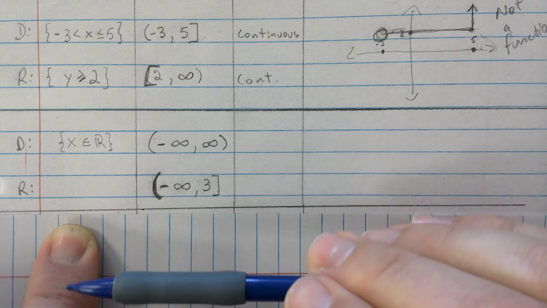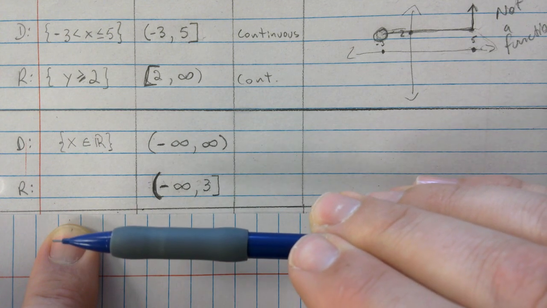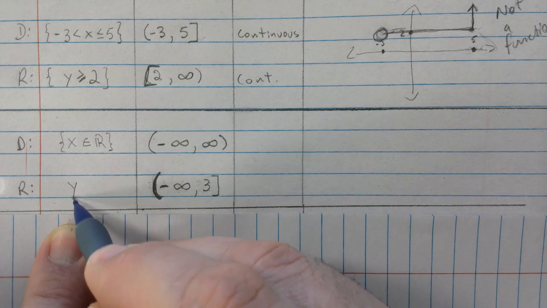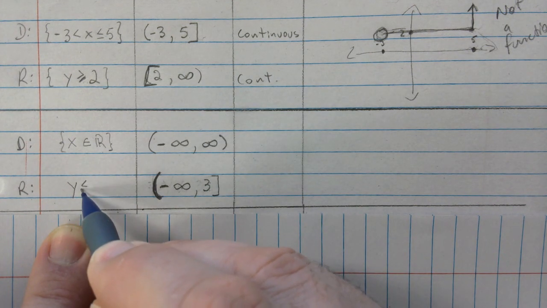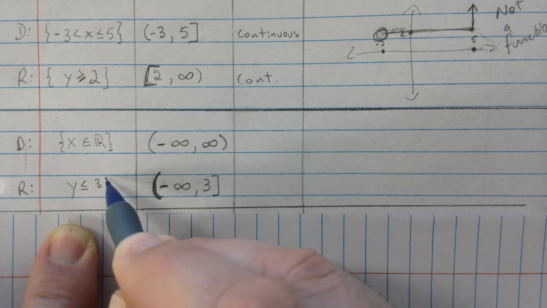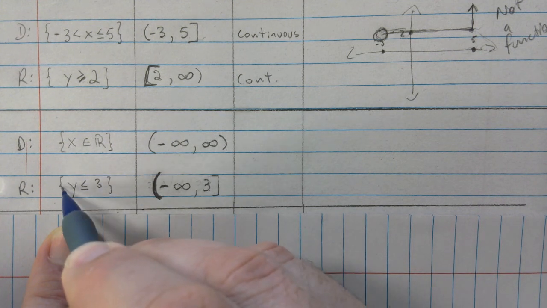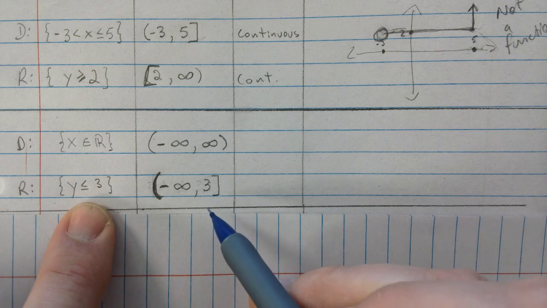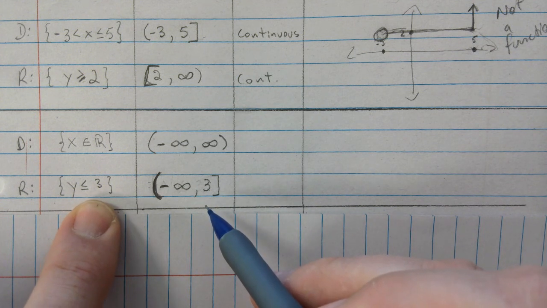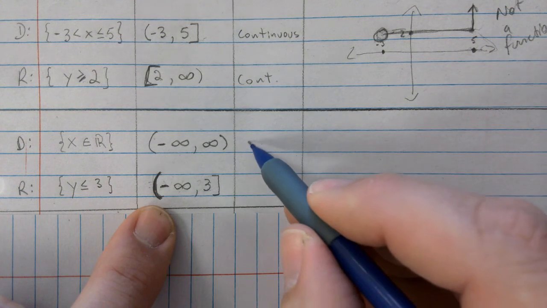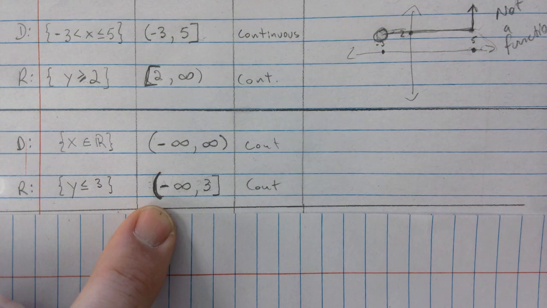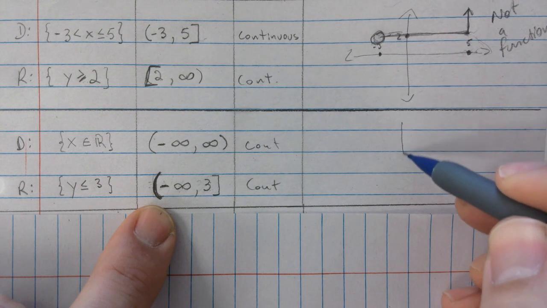That means that for your y values, you're coming from negative infinity and you go all the way up to 3 inclusive. So that means that y will be less than or equal to 3. Okay? Y is less than or equal to 3. And both of these are continuous. And how would you graph this?